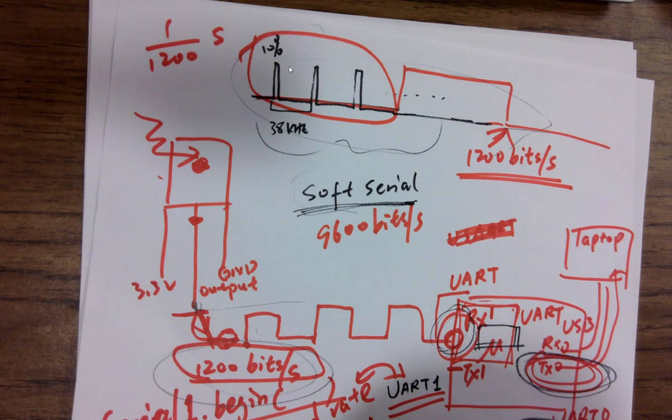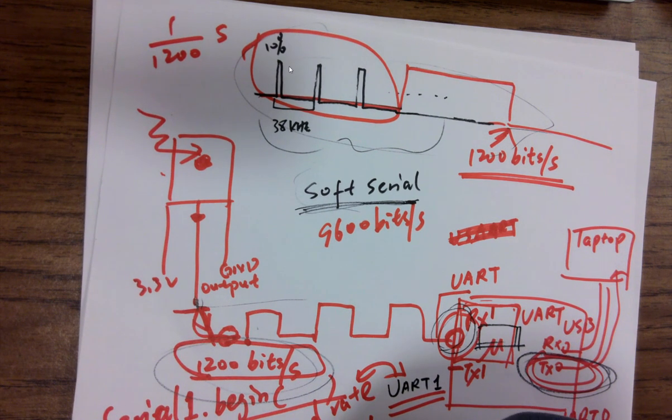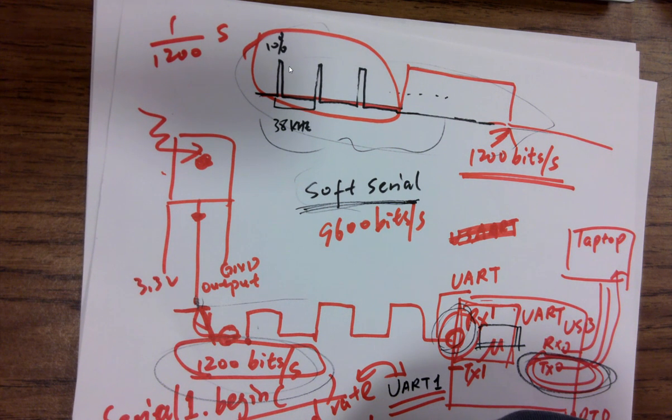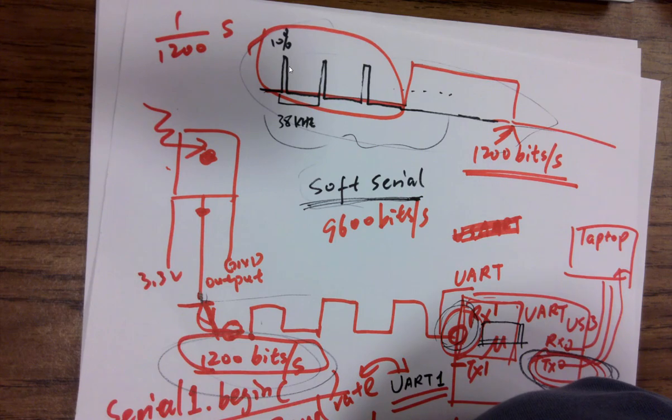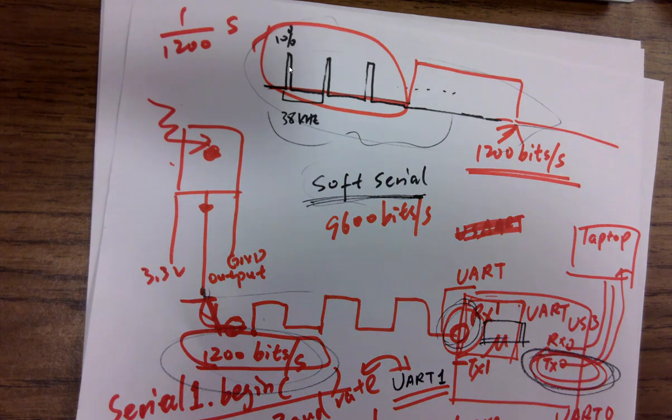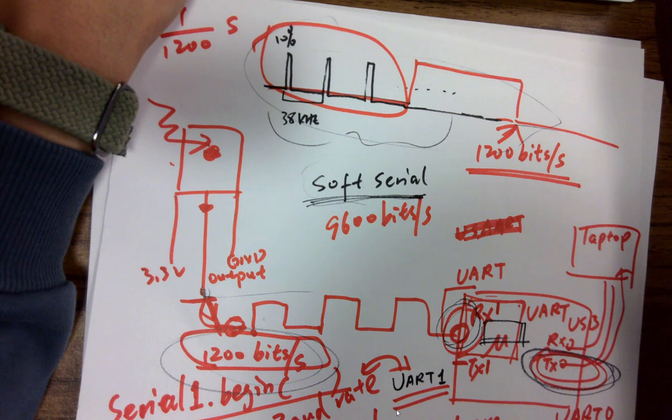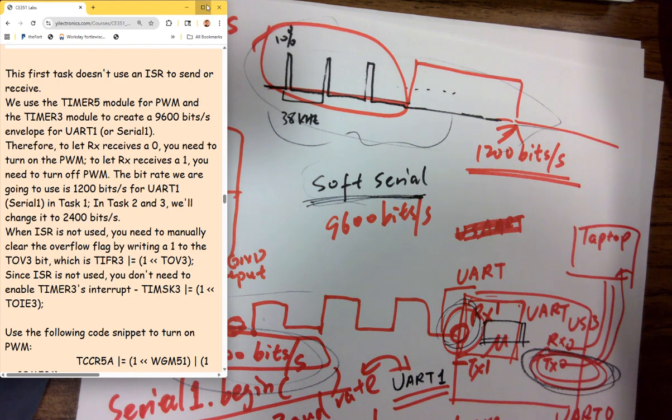And number 9, if you do timer 5, it's to create a 38 kHz PWM output. What is the top register? The top register is ICR5B. And what is the top value? There's an equation to calculate it.